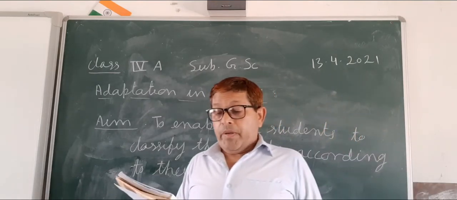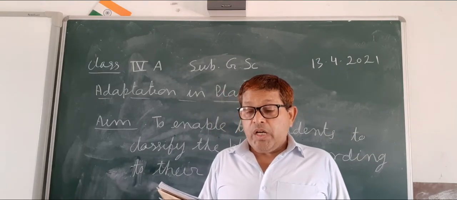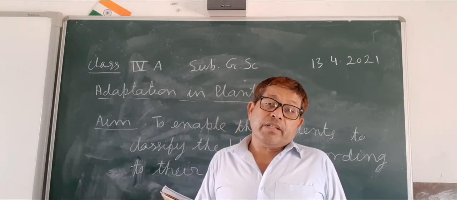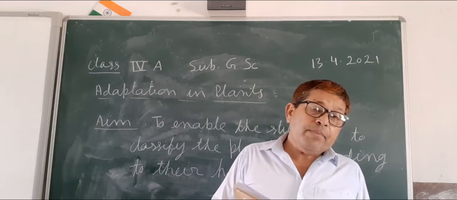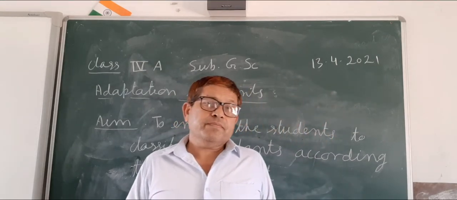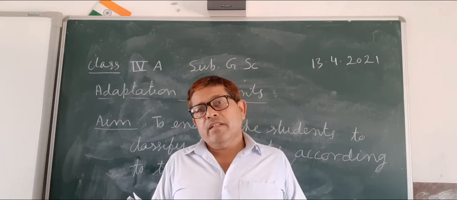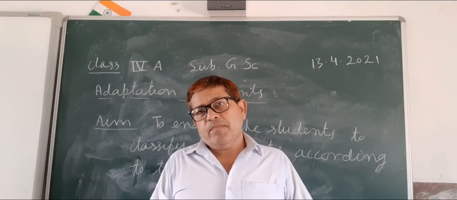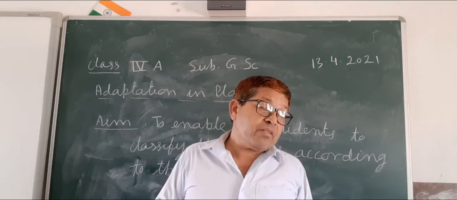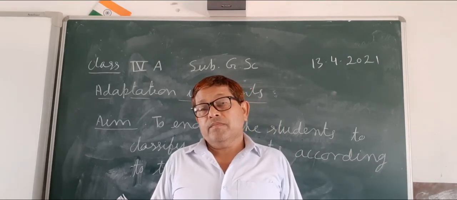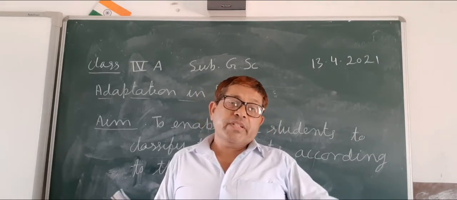So plants grow almost everywhere on earth. Everywhere on the earth plants are found. It may be found on the hills. It is found in the sea, even deep sea plants are found. Plants are found in the desert.